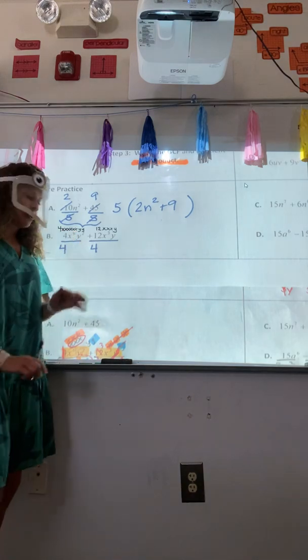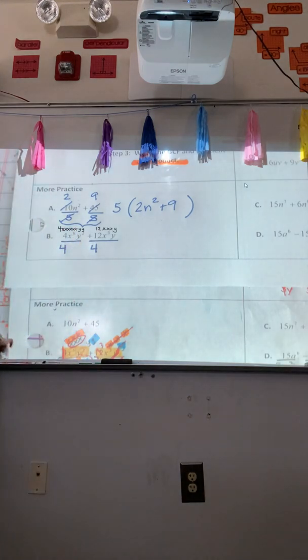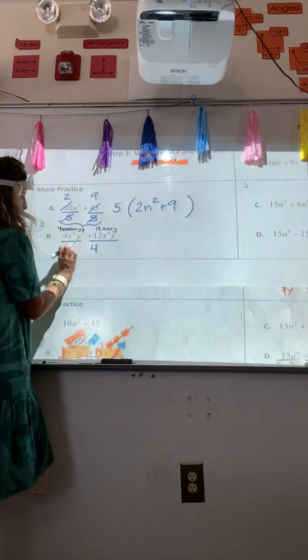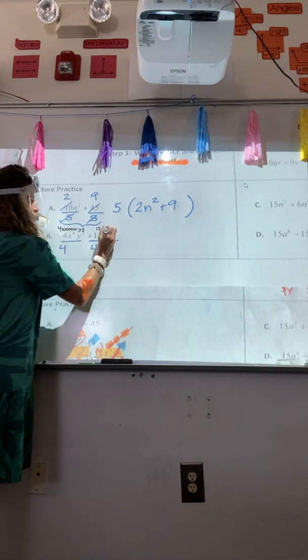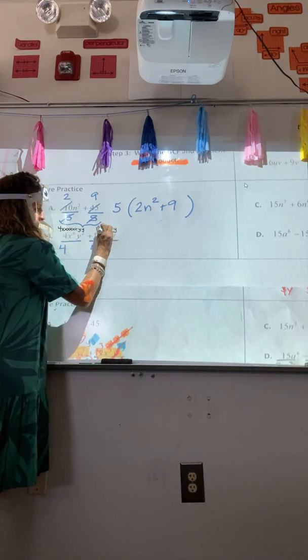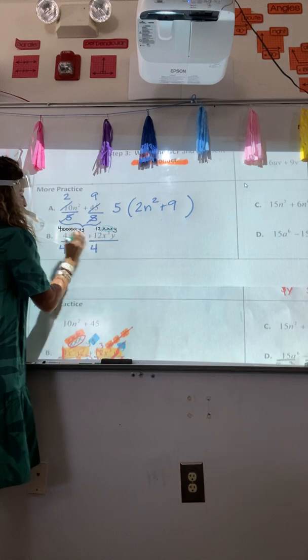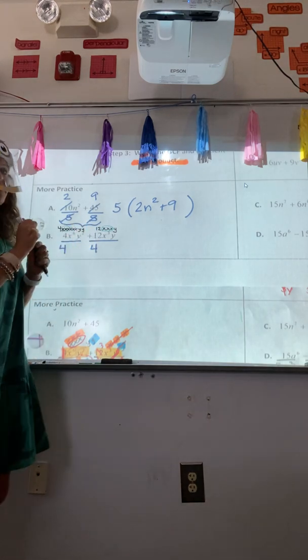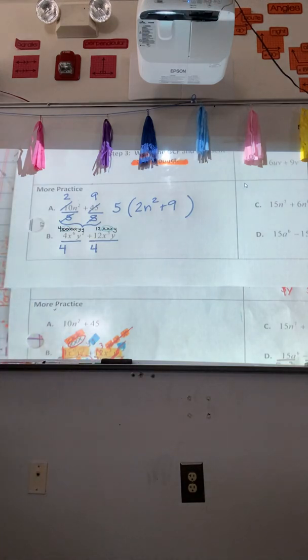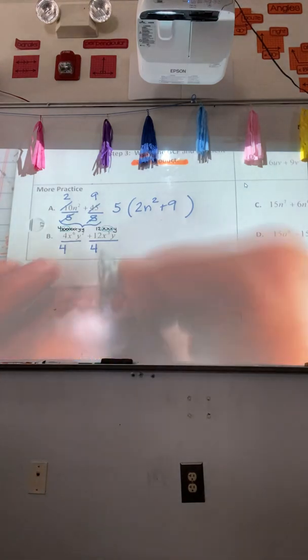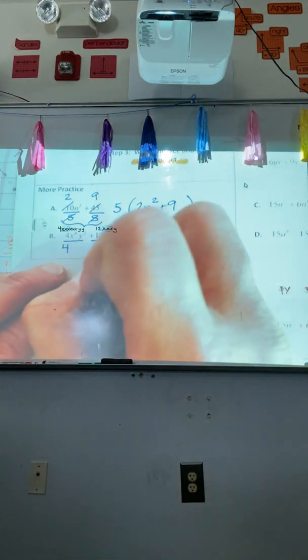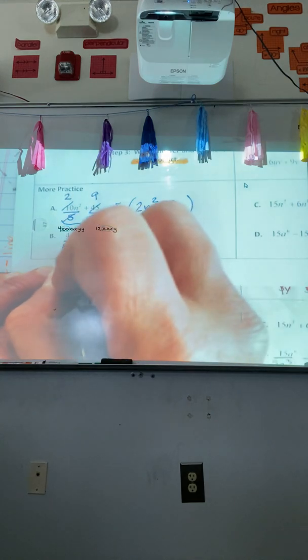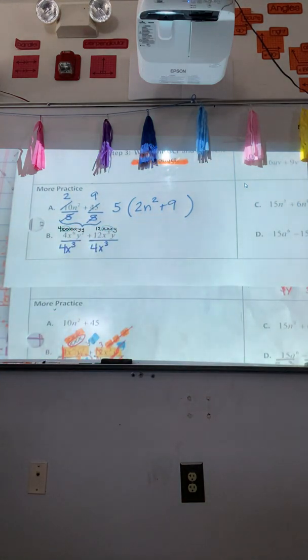Now, look at your number of x's. How many x's can I take out of each one of these? 3. So this one has 3 x's. This one also has 3 x's. I cannot take out more than I physically have. Now, 3 x's is the same thing as x cubed. So I can take an x cubed out of both of them.